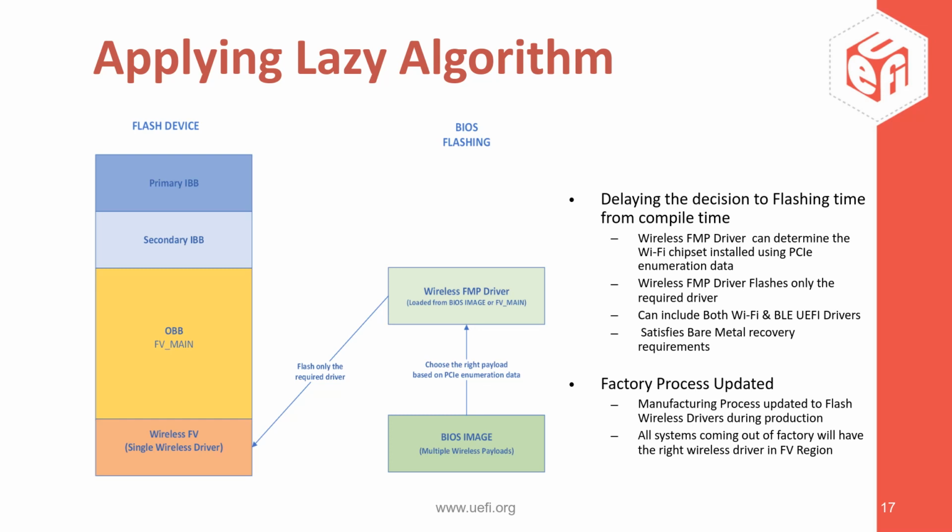Since it is running on the actual platform, it can query the enumeration data to detect what is the chipset installed and pull the right payload from the BIOS image and flash it to the FE region using the BIOS card process.